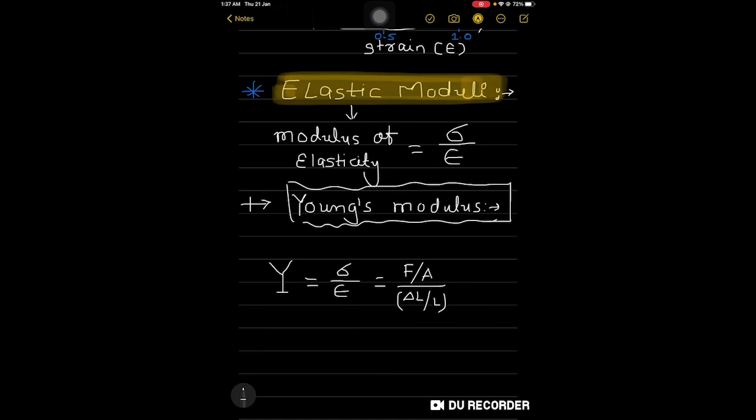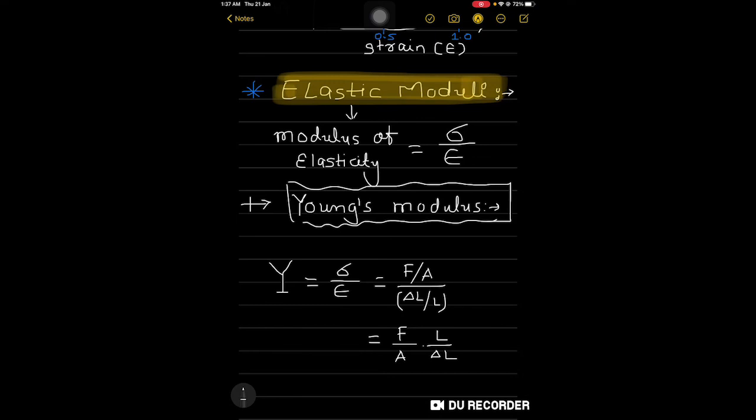So when we apply this equation, we can find that F over A, now the denominator of the denominator goes to the numerator, and the term that will be in the denominator will be like this.